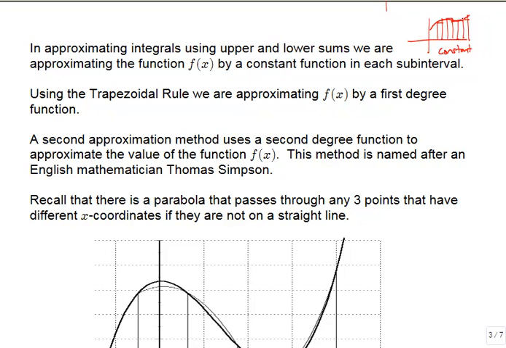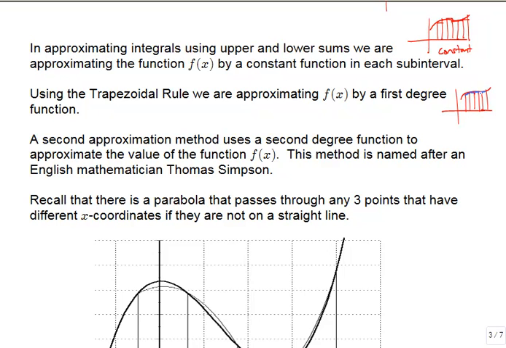When we do the trapezoidal rule, what we're doing is we're chopping it up into little pieces, and then instead of approximating the curve to be constant on this little subinterval, now we're approximating the function with a linear function. So we approximate it with this little diagonal line.